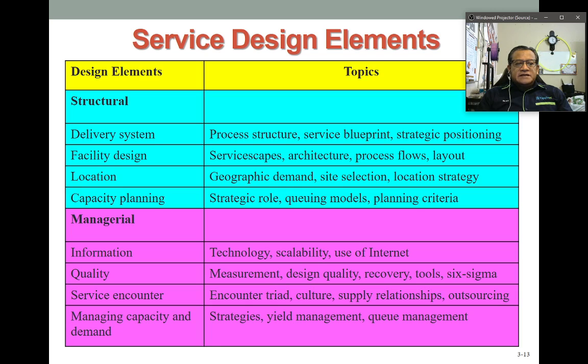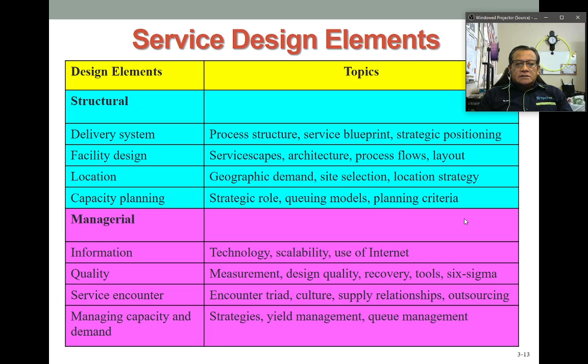In the design element for information, for example, the focus that must be given to the customer is based on the technology, the scalability of the design, and of course the use of the internet, on top of quality, service encounter, and also managing the capacity and demand for customers to serve the website, so that it gives a good yield ratio when they search for the intended product that the customer intends to purchase.